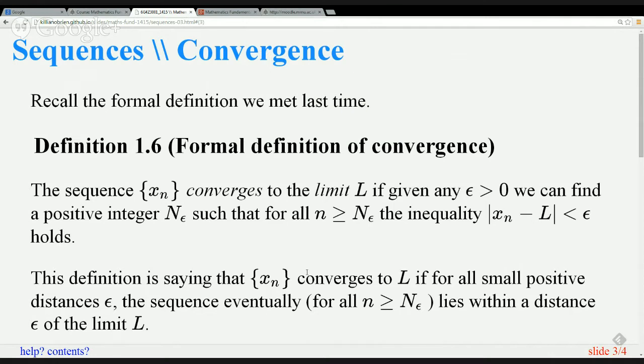There exists a point in the sequence, and every point after that, the sequence elements are that close to the limit. They're within a distance epsilon of L. Okay? So that's the definition, and that's definition 1.6 on page 6.